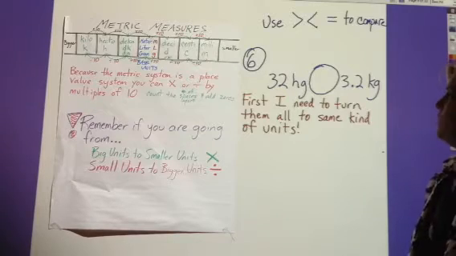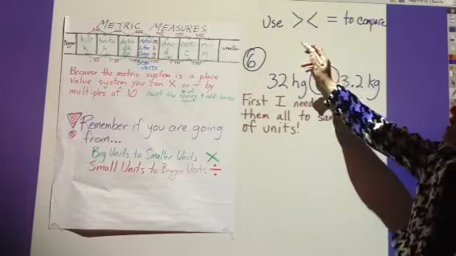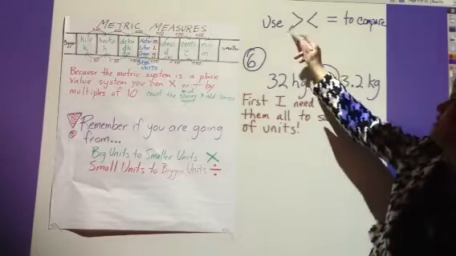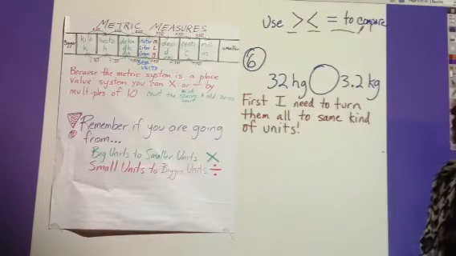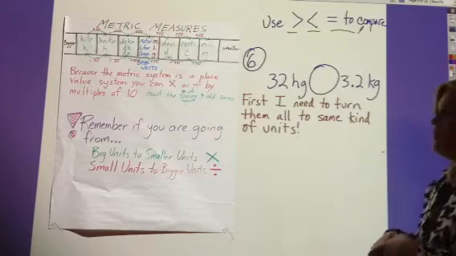Next, number 6, we have problems where there's a big circle in the middle and the directions say use a greater than or less than or an equal sign to compare. Which one of these do I put in the circle? First, I need to turn them all into the same kind of units.